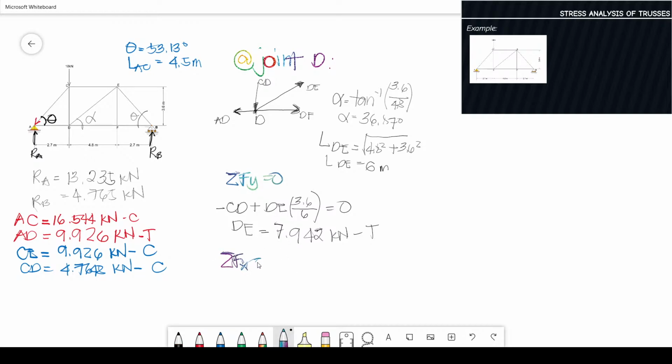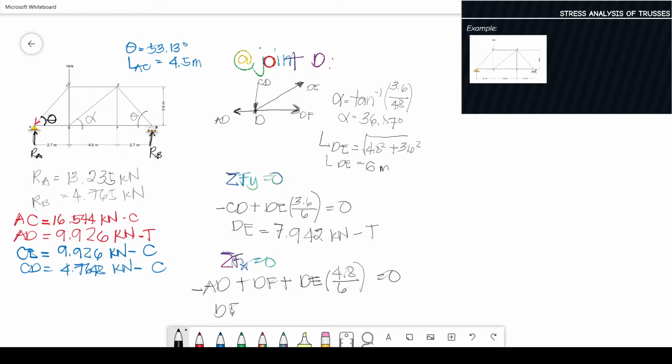of x is equals to 0. F of x equals to 0. So, we only have a D, the horizontal component of DE and DF. Okay? So, let's start with negative AD plus DF plus DE. You can use cosine alpha, or in my case, I will be using 4.8 over 6 equals to 0.